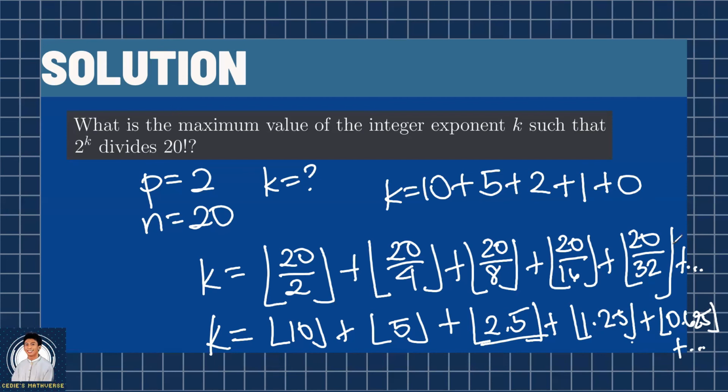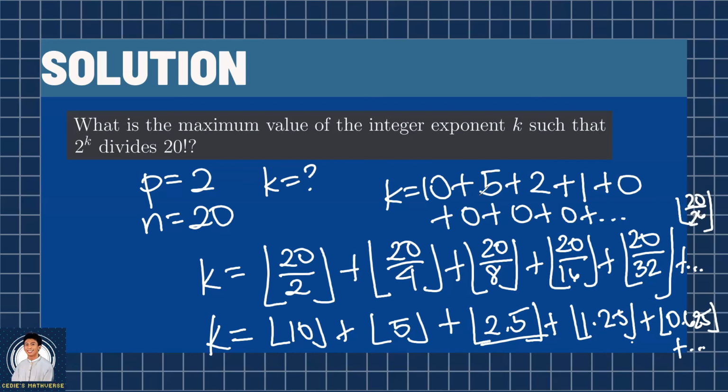And notice that when we divide 20 by 2 raised to 6 and beyond, the floor becomes 0 as it goes nearer and nearer to 0. So we disregard the other exponents.